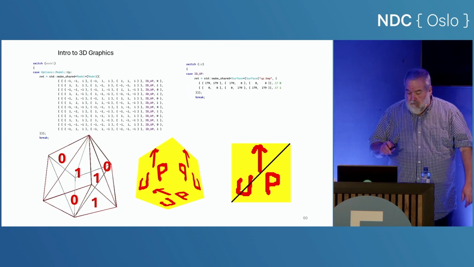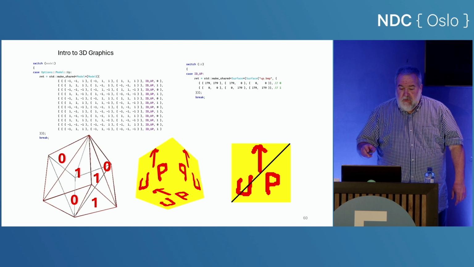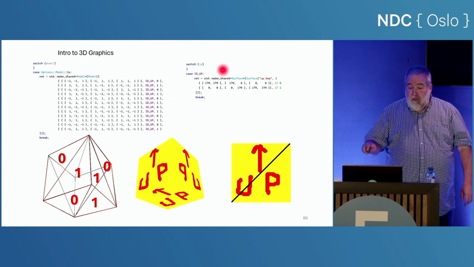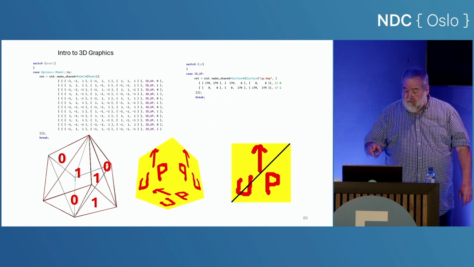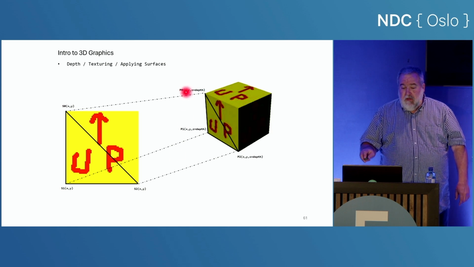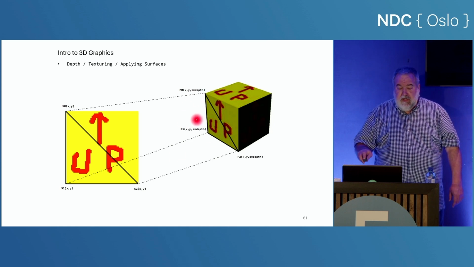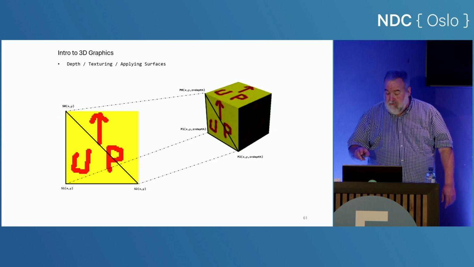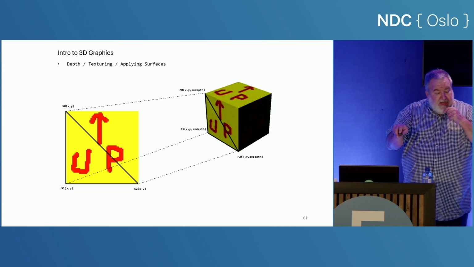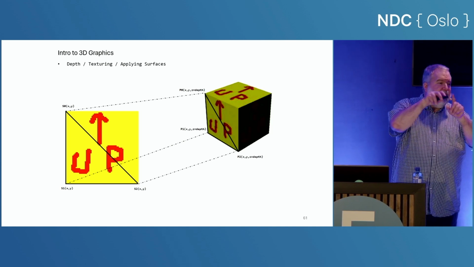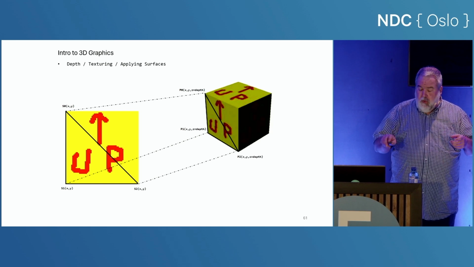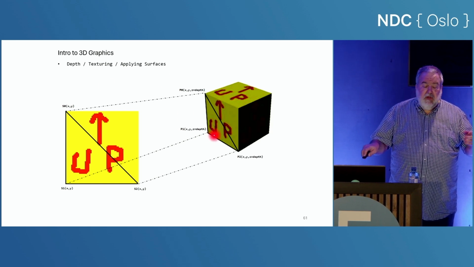So we've seen this before. It's the 1 by 1 by 1 cube and the surfaces for it and how the surfaces are painted on there. So when we go to paint this triangle here, which maps to these coordinates here, there's two things that we need to take care of. Each color for each pixel on every point in there, and the depth to figure out if we actually even want to paint that or not. But we don't know what the depth is in the middle of this triangle.